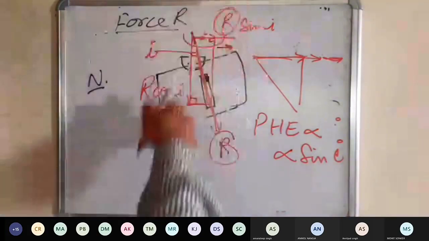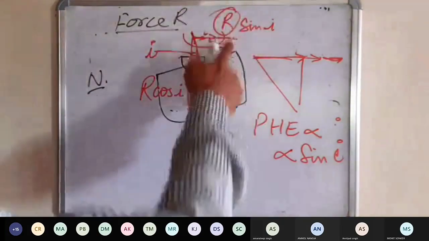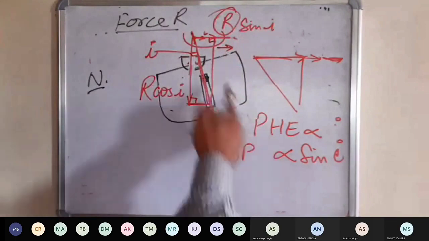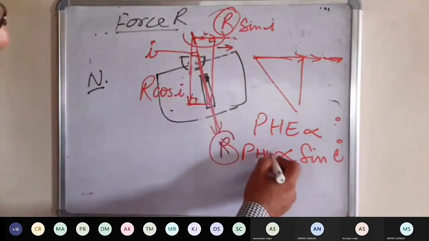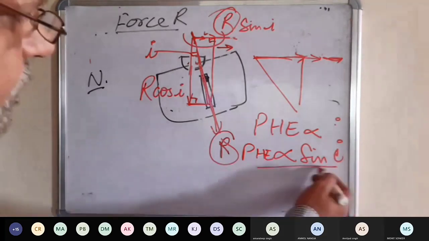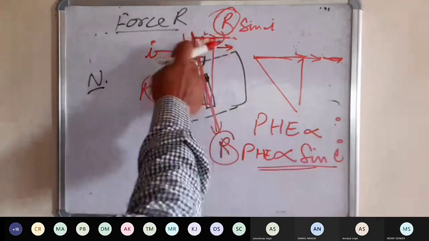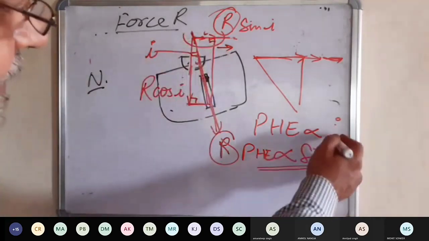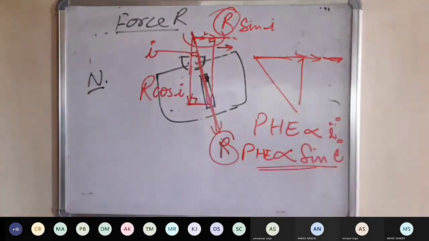Because this is constant, so we can take R to be constant. So PHE is proportional to sine i. We can say this, but when the angle is very small, it can directly be said to be proportional to i directly.